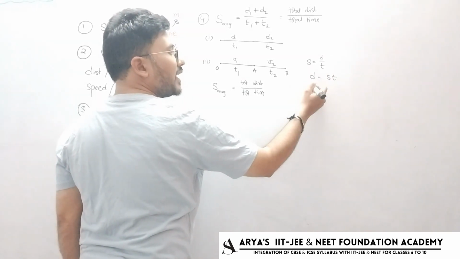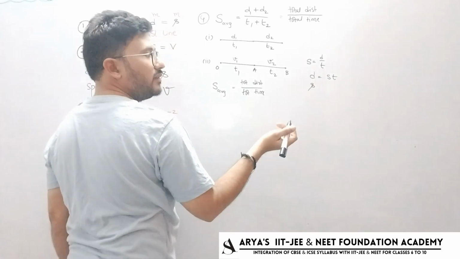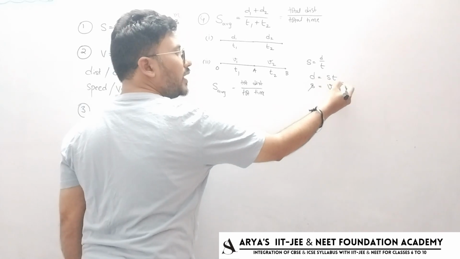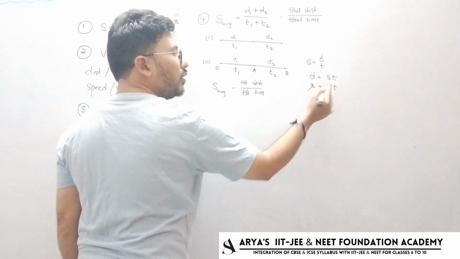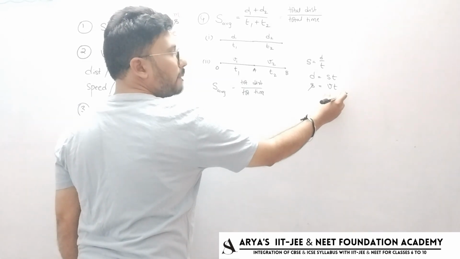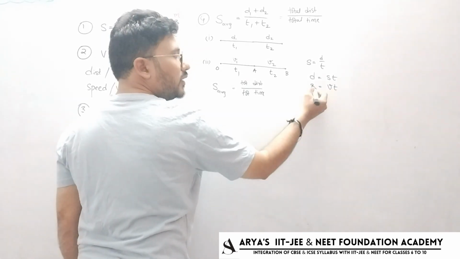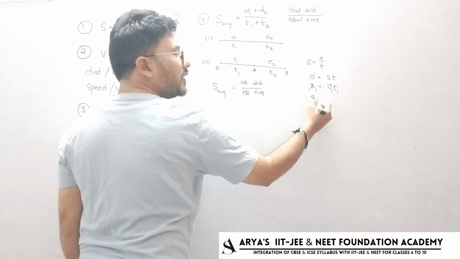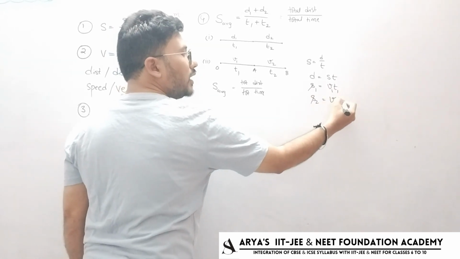Okay, distance I said we can represent with S na? Speed you can represent with V, time T. Now instead of S you can keep V into T na? Are you getting the point? So instead of S1 what you can make? V1 T1. Instead of S2 V2 T2.